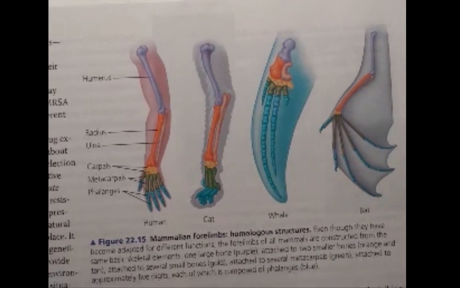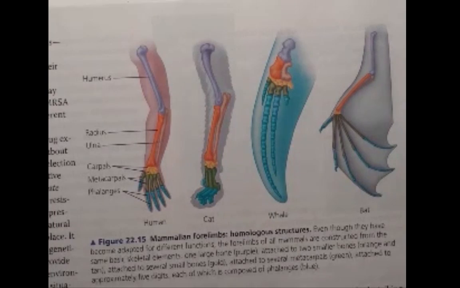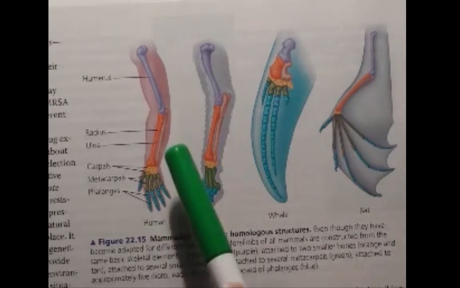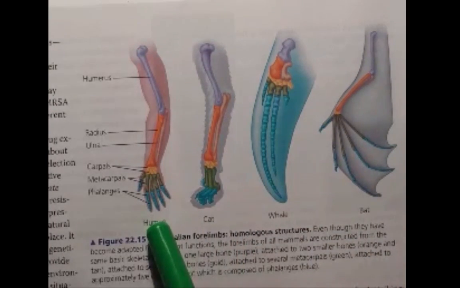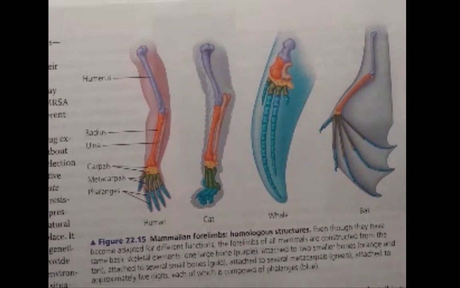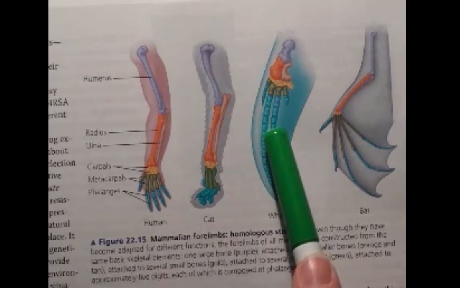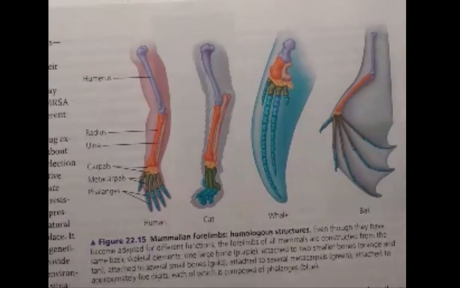It's more likely that there was a common ancestor that had these bone structures, and then over a long time, certain features were adapted based upon natural selection. The ability to lift, the ability to run fast, the ability to swim, the ability to fly. These are all natural selection processes that would have selected for, over time, these features.